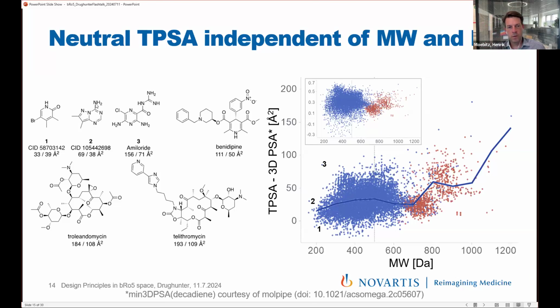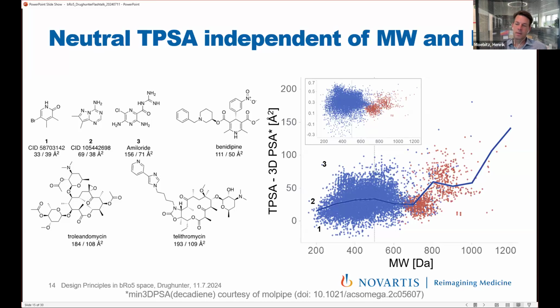In this case, there are no intramolecular hydrogen bonds. And we also have 2 examples here of beyond rule of 5 drugs with high neutral TPSA, despite having no potential intramolecular hydrogen bonds. So this is one suggestion that neutral TPSA is actually an intrinsic property of the molecule that is mainly a function of the structure of the molecule.